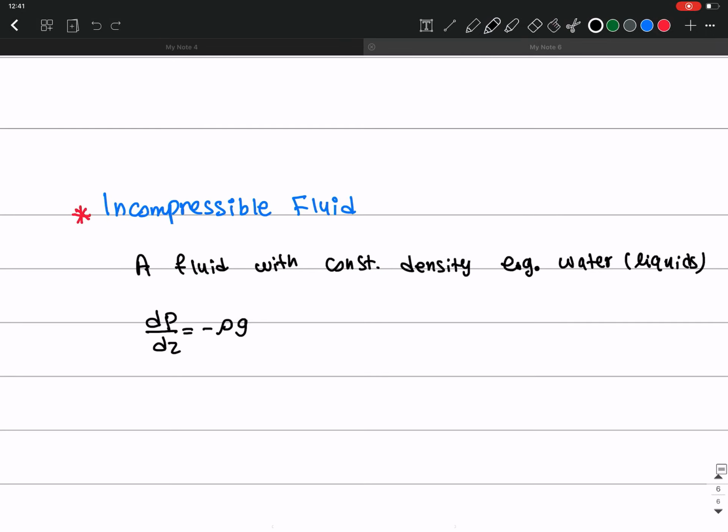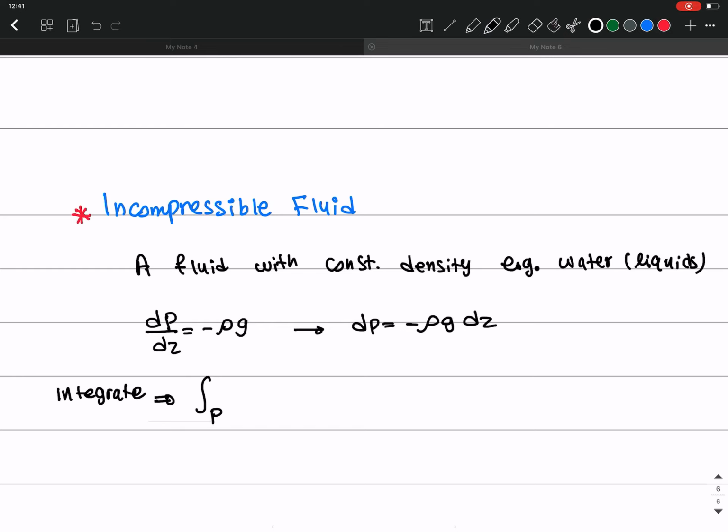So if we integrate, I'm just going to write this as dp equals minus rho g dz.